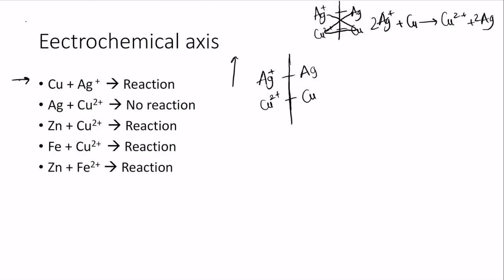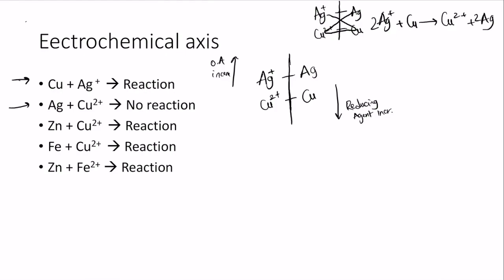Just remember, the oxidizing agent strength increases up, and here down, the reducing agent strength increases. This is concerning the first reaction. The second reaction is no reaction. It gives us the same conclusion as the first one.